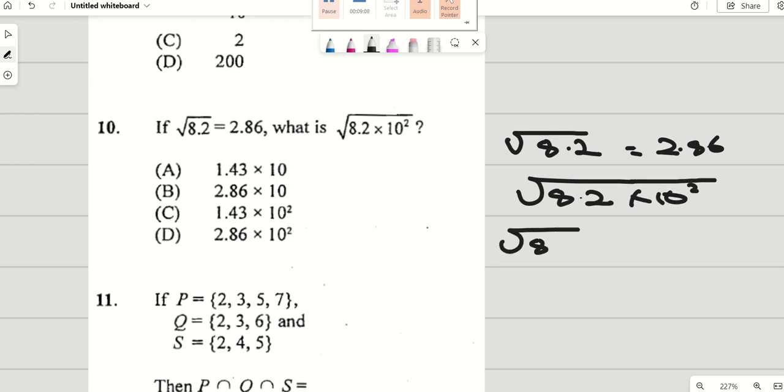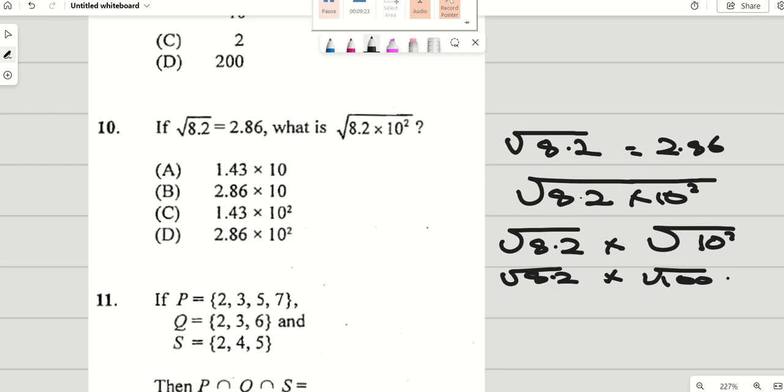You could say the square root of 8.2 multiplied by the square root of 10 squared. 10 squared is 100. The square root of 100 is equal to 10. So we are looking for 2.86 multiplied by 10. So you're looking for this answer. That is B.